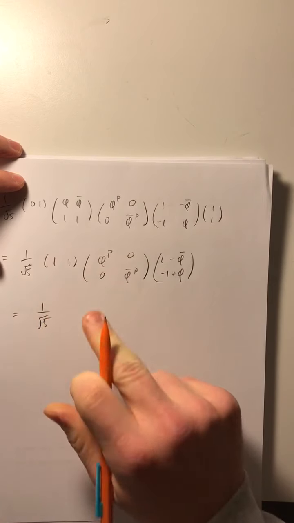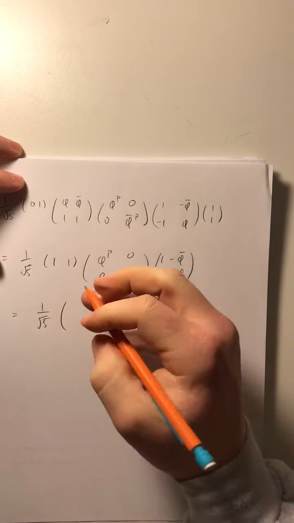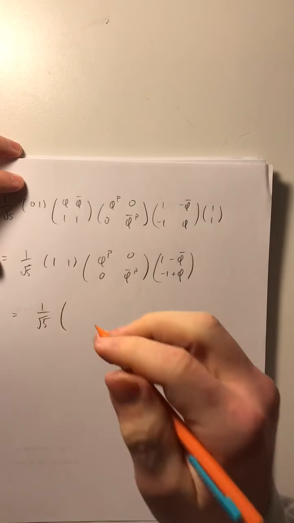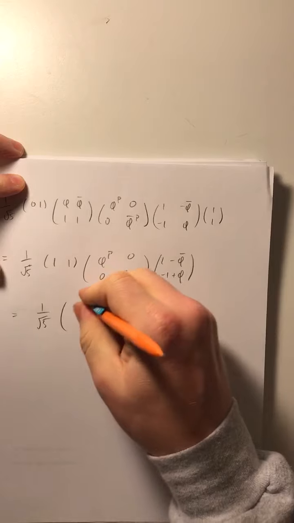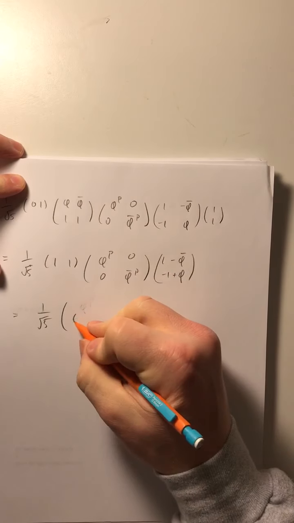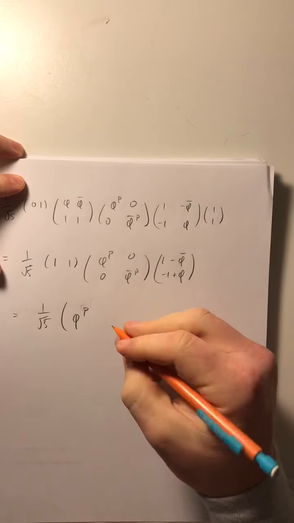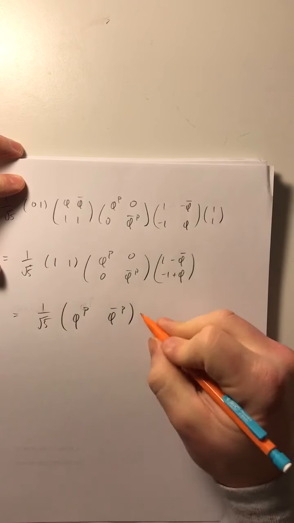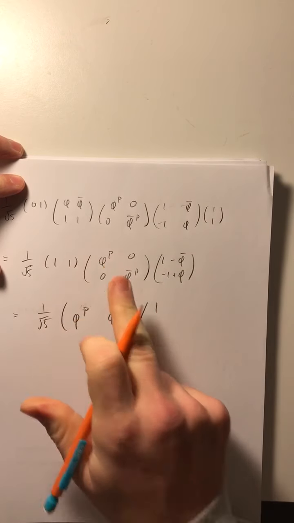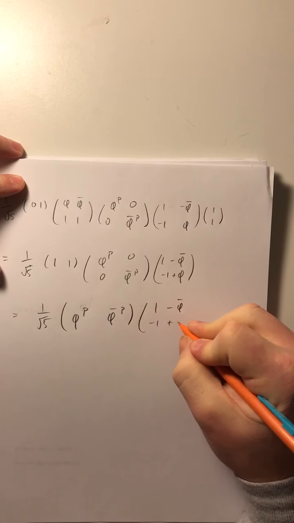So we do 1, 1 times this first column, I get 1 times phi to the P plus 1 times 0, so just phi to the P. And 1 times 0, 1 times phi bar to the P. Okay, so that matrix times this matrix gives me this one, and now I have this 1 minus phi bar, negative 1 plus phi.